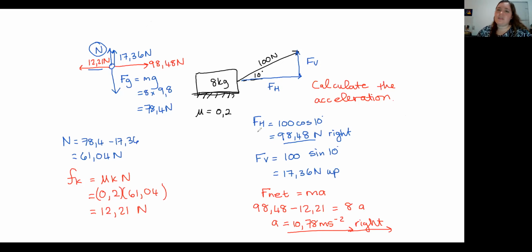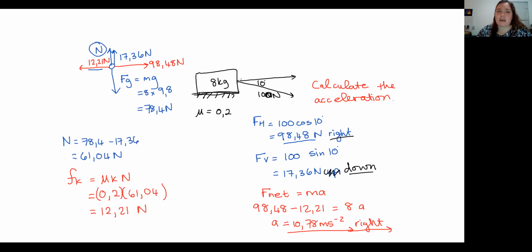There is one thing that I do need to make sure you're fully aware of, and that's that if this force of 100 newtons, instead of acting upwards, had acted downwards. So let's just quickly do a slight version change here. If I instead told you that the 100 newtons acted downwards at 10 degrees, this would still be right, but this would become down.